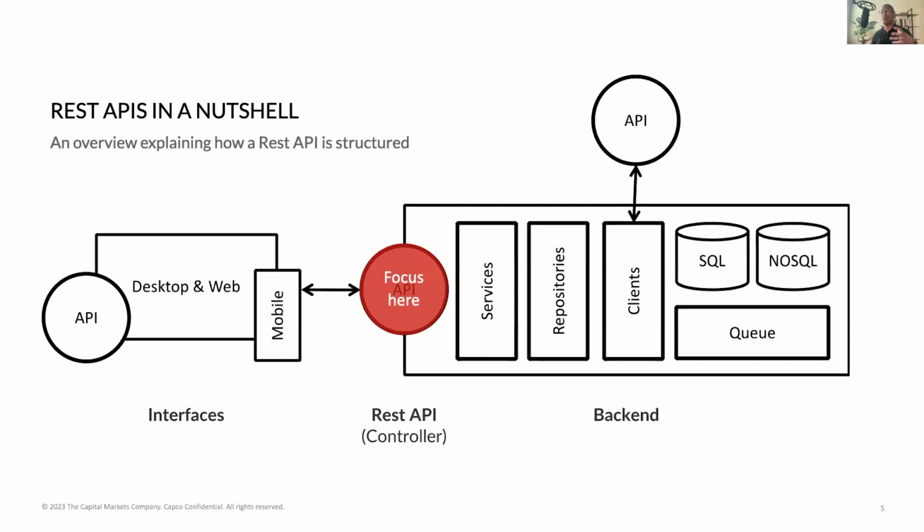However, the universe is bigger than just that. It's even beyond just requests and responses, right? So what I want to show you here is that in order to test an API, you need to have a broader understanding of the system.